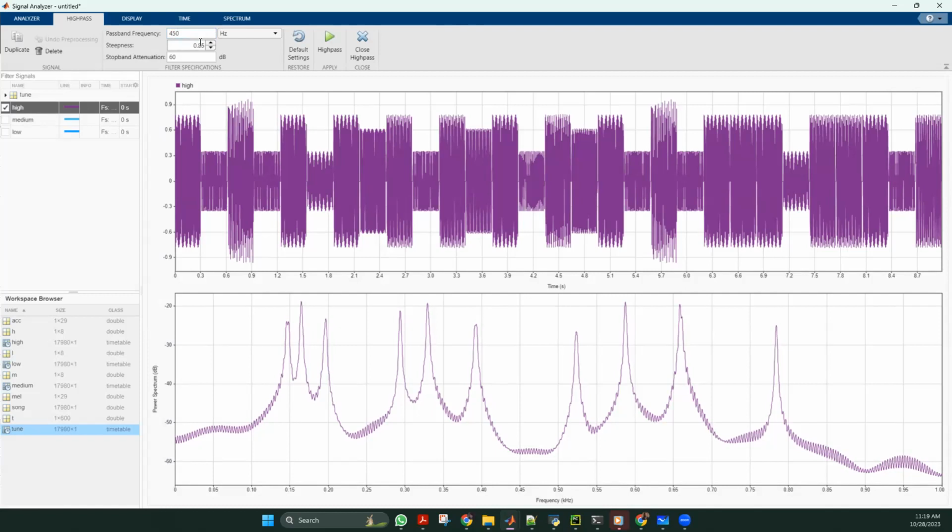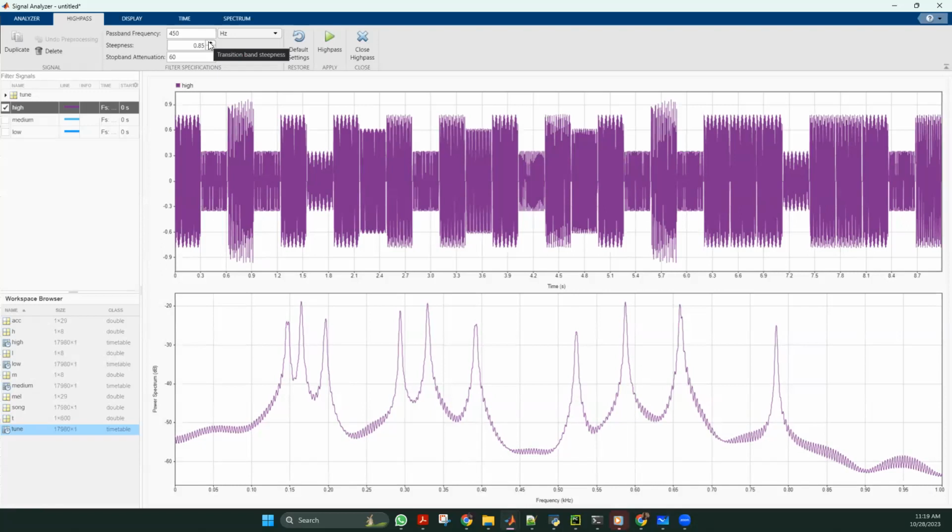Steepness of filter means the filter around the cutoff frequency, right? So you can make it a high value to make the steepness high around the cutoff frequency.